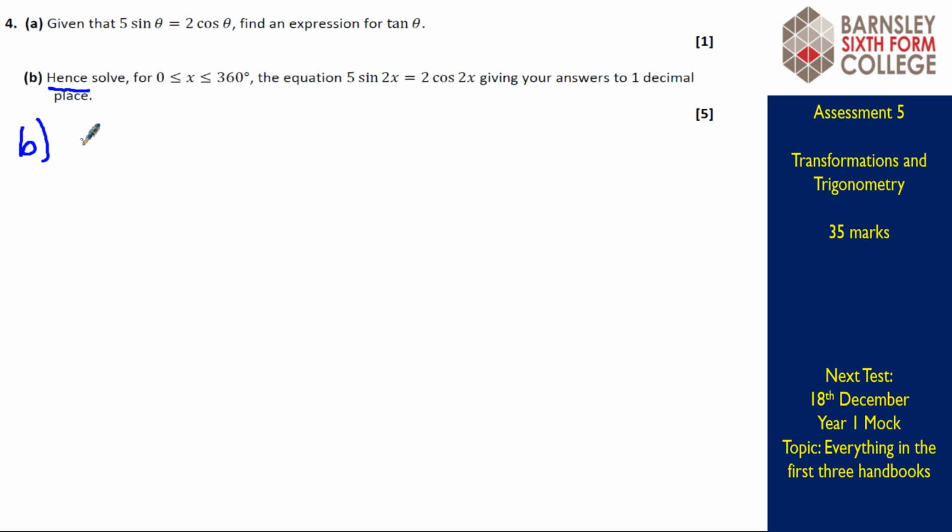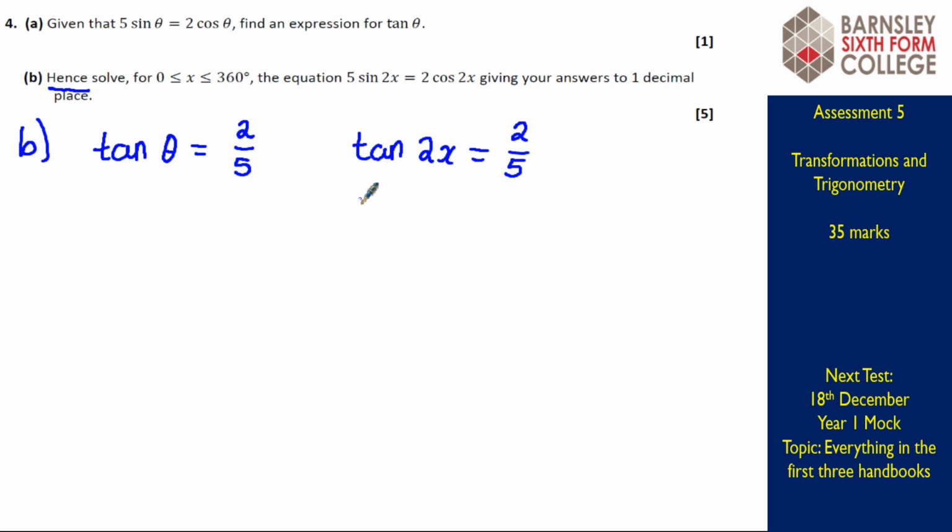So you just saw the first part, that tan theta equals 2 over 5. Now this is going to be tan 2x equals 2 over 5. All we've done is just replace theta with 2x.